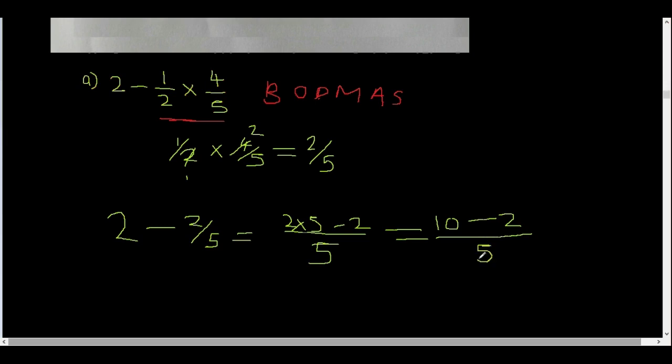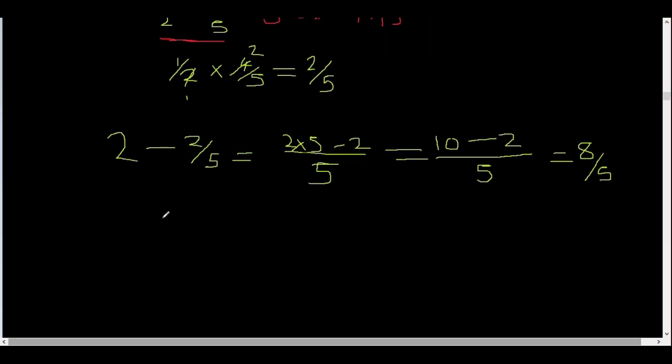Then we get 8 over 5. Then expressing as a mixed fraction, we have 1 and 3/5. Therefore, our final solution is 1 and 3 over 5.